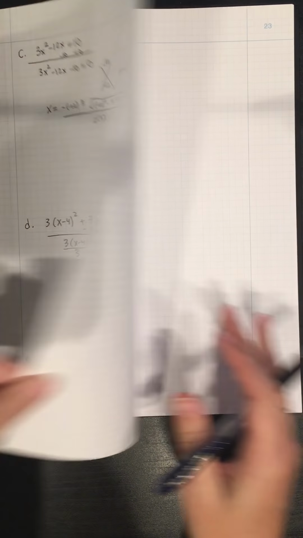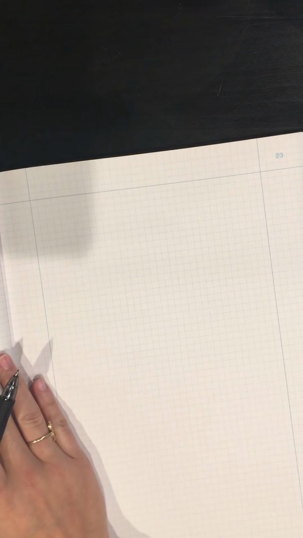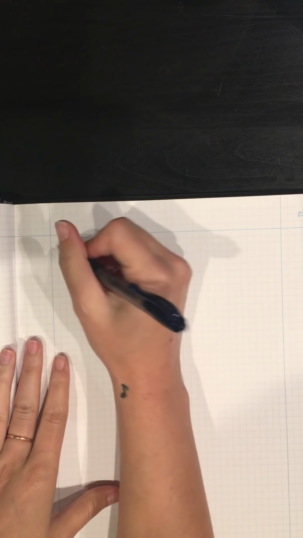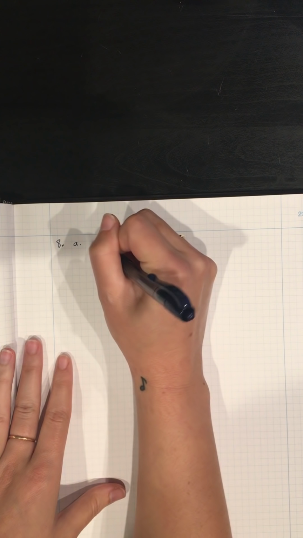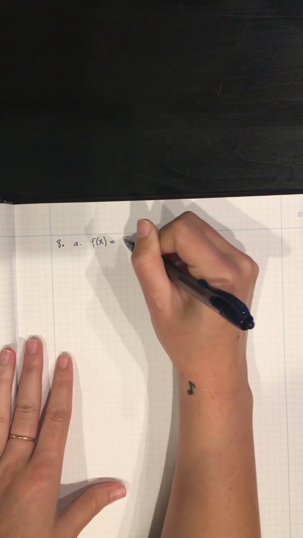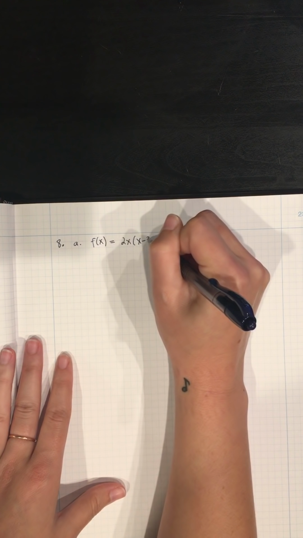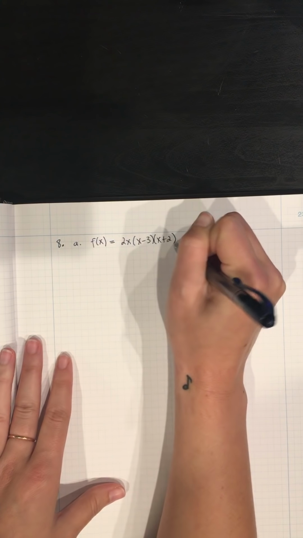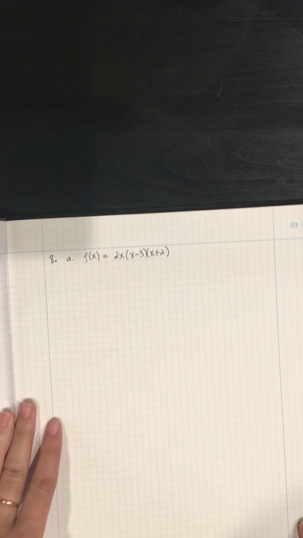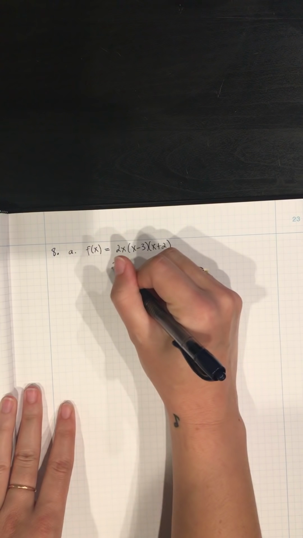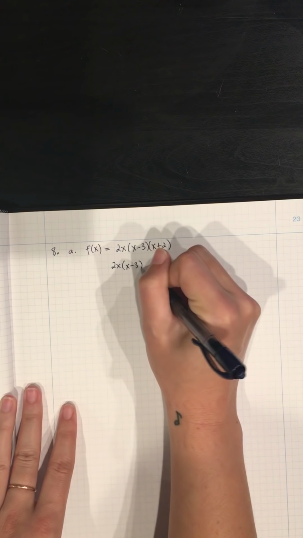Let's move on to number 8. We are finding zeros. So in A, I've got f of x equals 2x times x minus 3 times x plus 2. If I want to find the zeros, that's the same thing as finding x-intercepts. I'm going to set my function equal to 0.